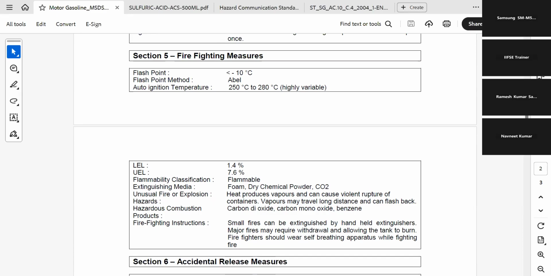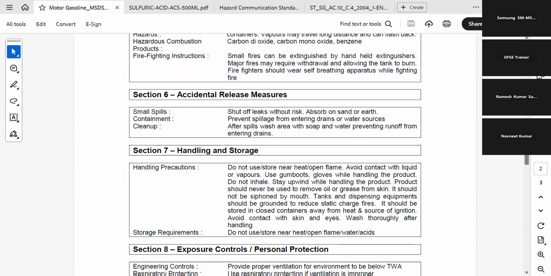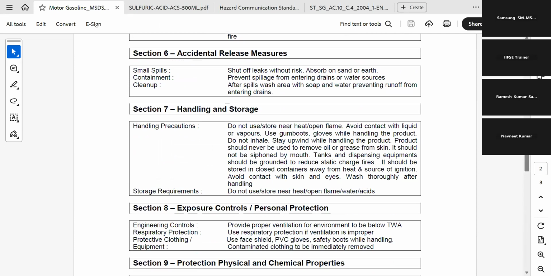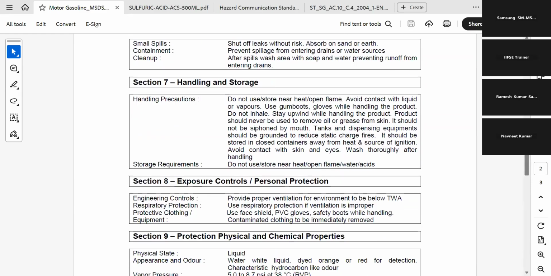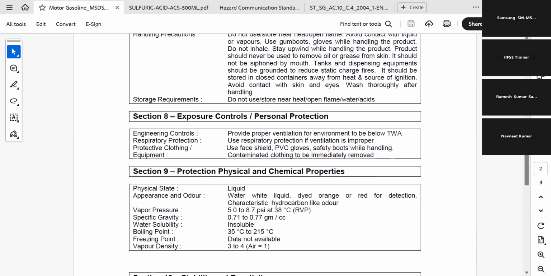So we can call this range, 1.4 to 7.6, the fire range. Then accidental release, what we have to do. Then handling and storage precautions and exposure control, nothing but personal protection, how we can protect ourselves from this chemical.